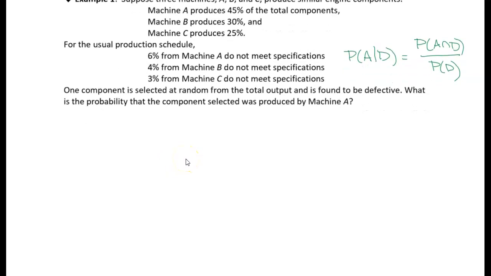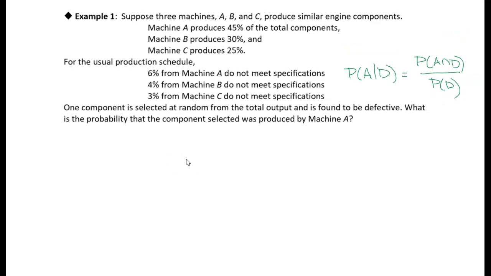So the first stochastic event is, some machine produced parts, and we don't know which one, so we have some chance event as far as whether the part came off of machine A, machine B, or machine C. Okay, now we're told 45% of the parts come off of machine A, 30% come off of B, and 25% come off of C. Okay, so we can put those probabilities on there.